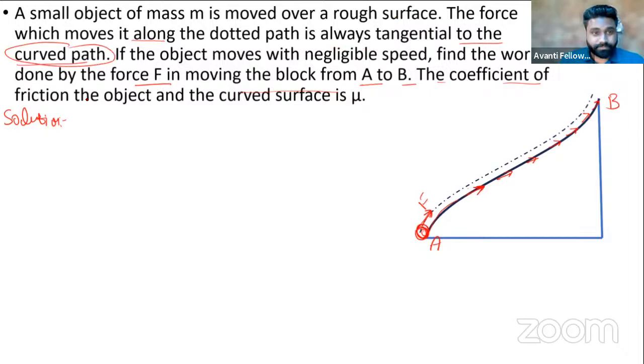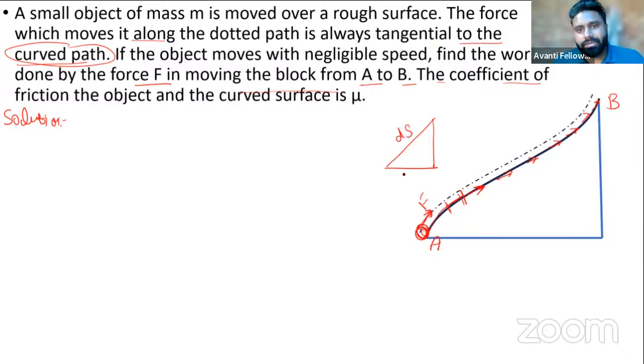Now if we take a very small cross section of this, it will definitely look like a triangle. This curved path will appear to be a straight line.